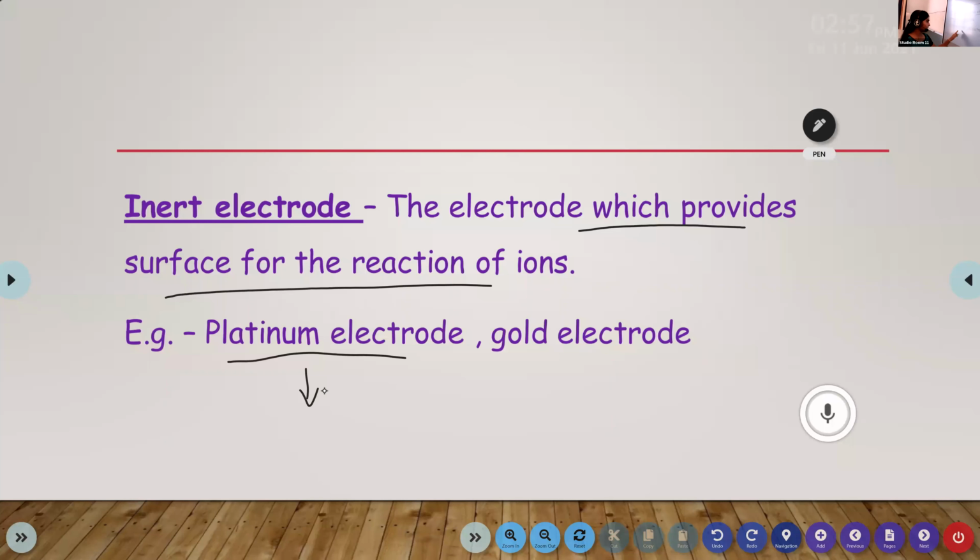Platinum electrode and gold electrode can both act as inert electrodes. They are not involved in the chemical reaction, but they provide a surface for the reaction. So we can also add this point: inert electrode, the electrode which provides surface for the reaction of ions. Example, platinum electrode and gold electrode.